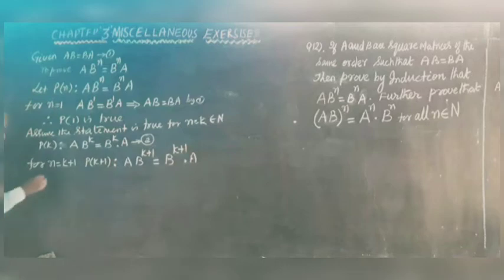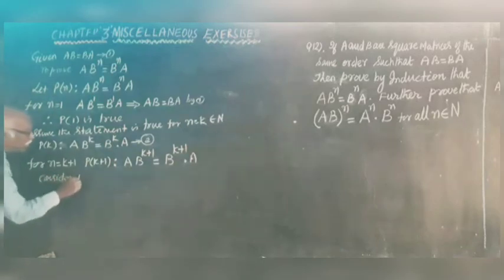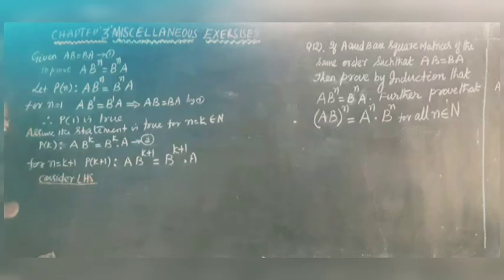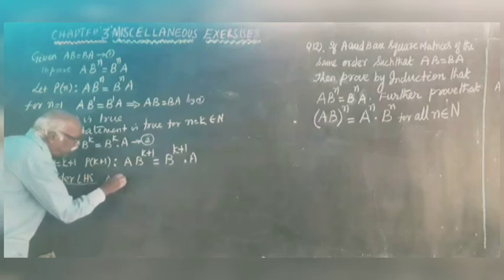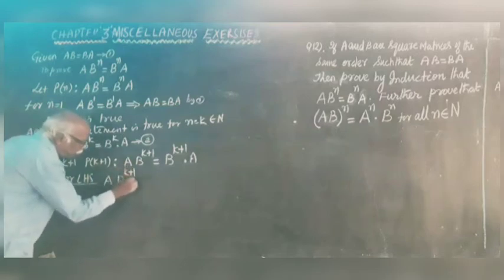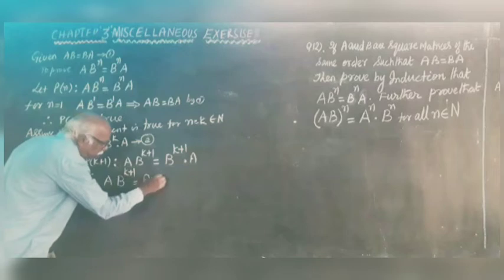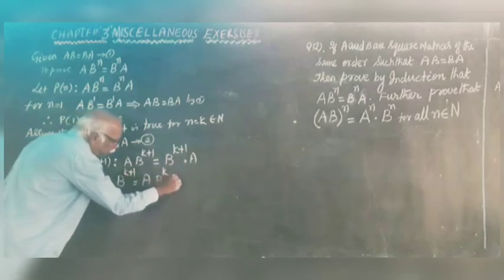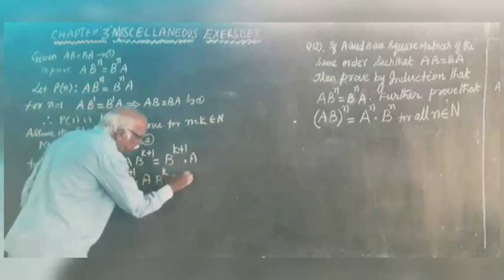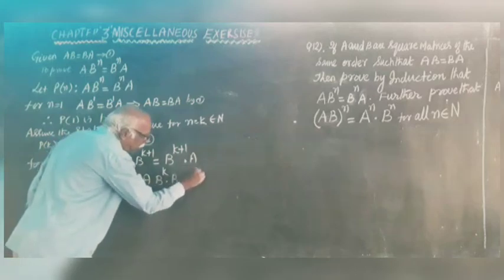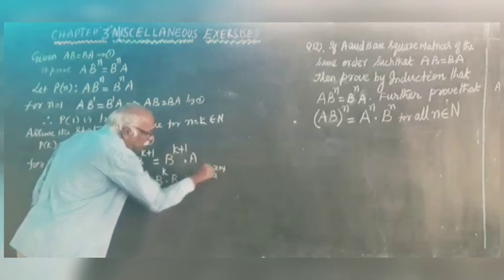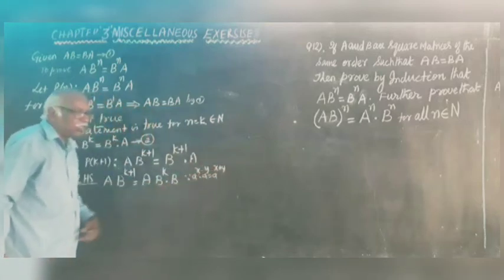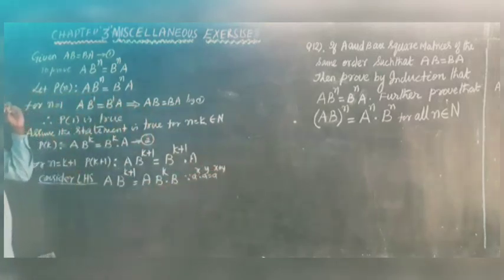Now consider LHS. Considering LHS, A B power k plus 1 is equal to A into B power k into B, since A power x into A power y equals A power x plus y.